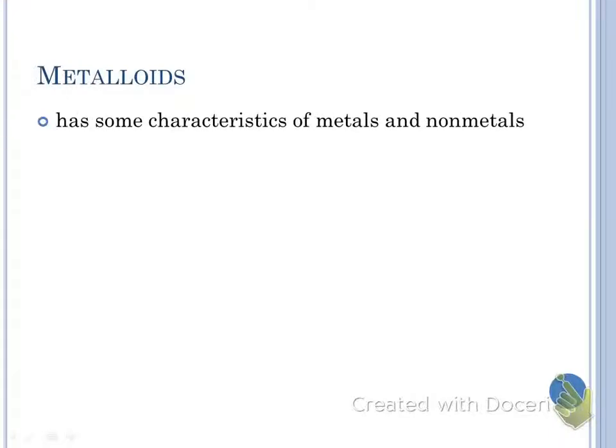All right, let's look at the metalloids, which are kind of the in-between guys. Okay, they have some characteristics of metals and some characteristics of nonmetals. Okay, they can do a little bit of both. These guys are most of the time solid at room temp.